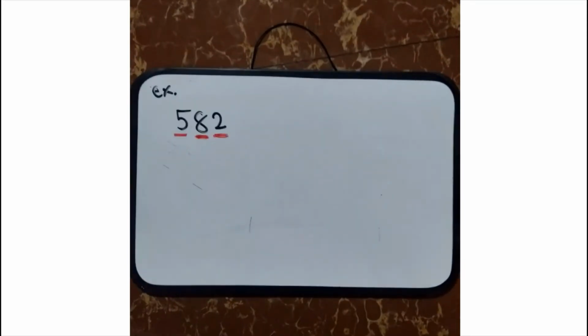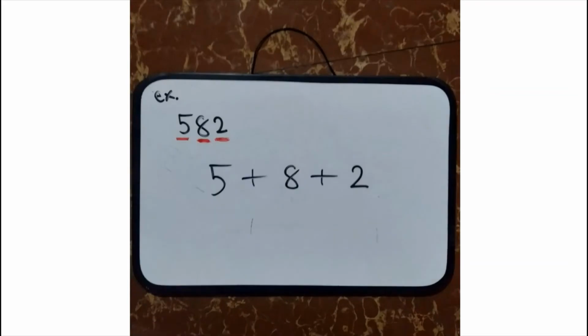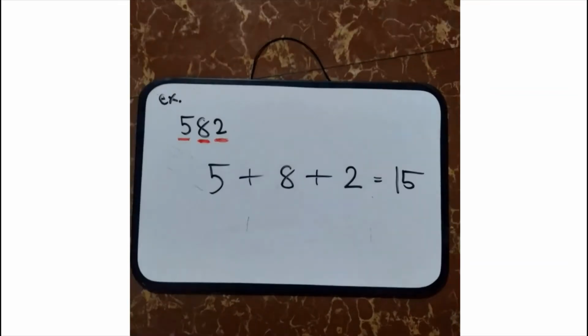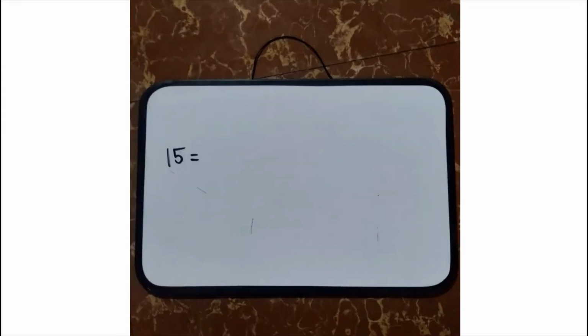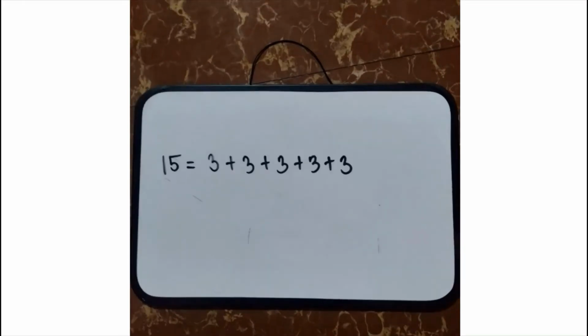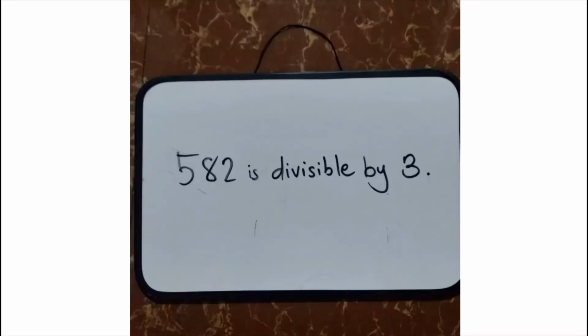For us to determine if it is divisible by 3, let's compute the sum of its digits first. 5 plus 8 is equal to 13. 13 plus 2 is equal to 15. Now that we have 15 as the sum, let's determine if it is a multiple of 3 as well. Well, we all know that 15 is just 5 3's or 5 times 3, which makes 15 a multiple of 3. Hence, 582 is divisible by 3.